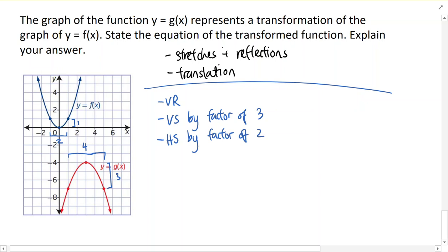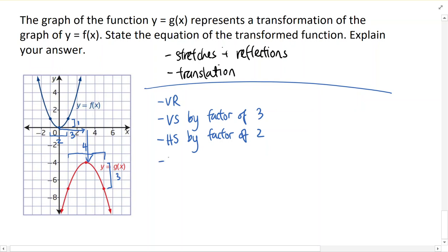Now that we've done all our stretches, we can deal with the translation. Once you've stretched it from here, yes, it does move 3 to the right, and then from there, it does move 4 down.